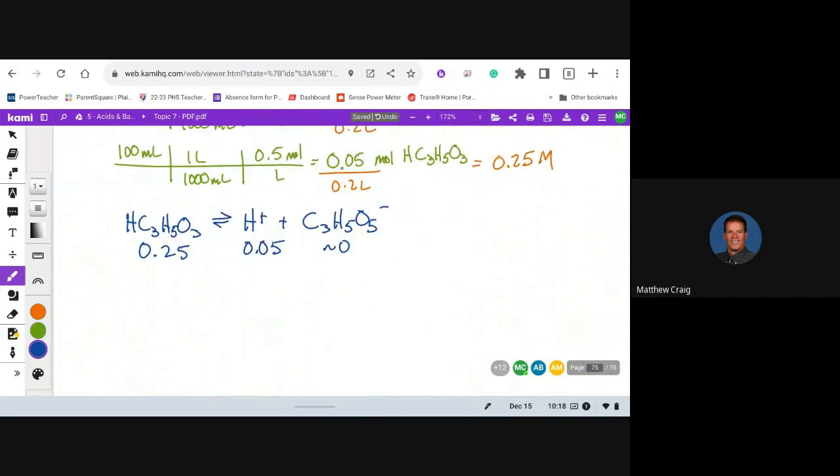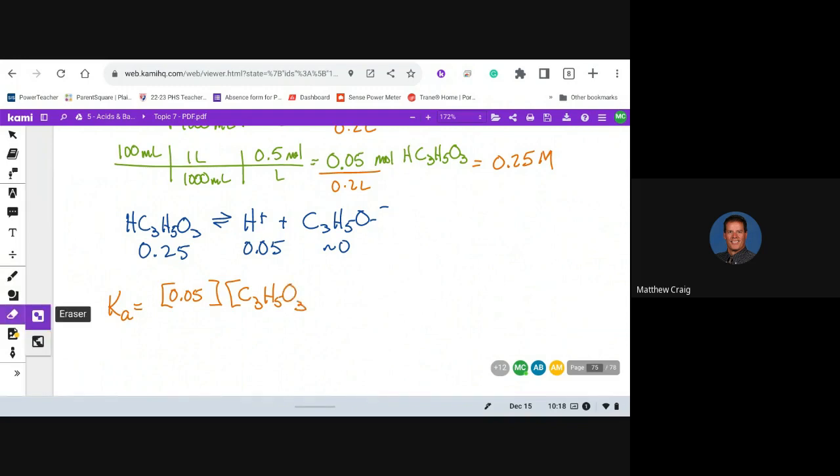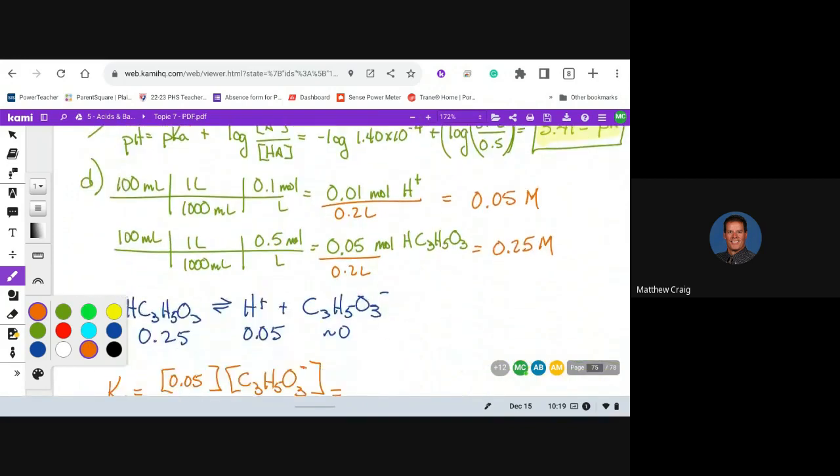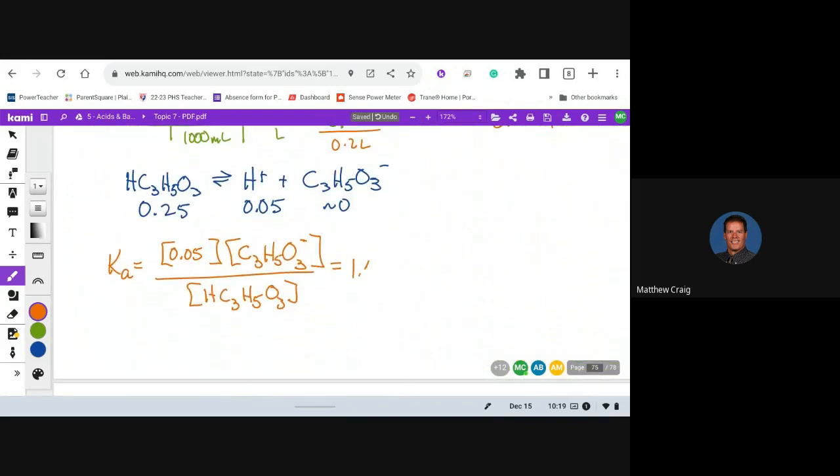God, this is squirrely. So our Ka expression. That should be a 3, not a 5. Equals, what do we say, 1.4? So we're just rearranging. God, this dumb question.